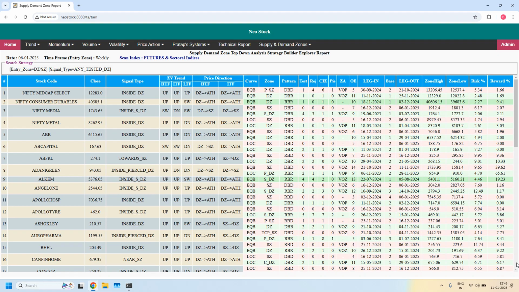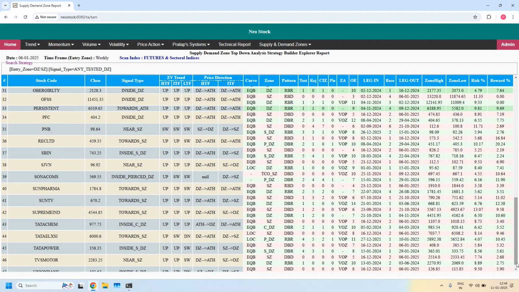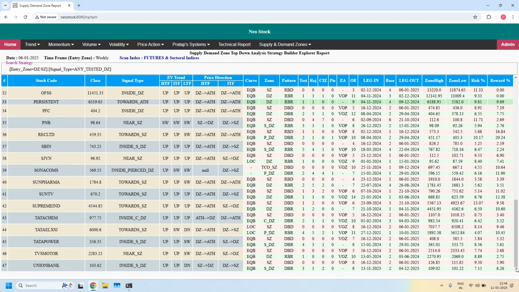I am scrolling the list down. So total 47 weekly demand zones are tested during this week.